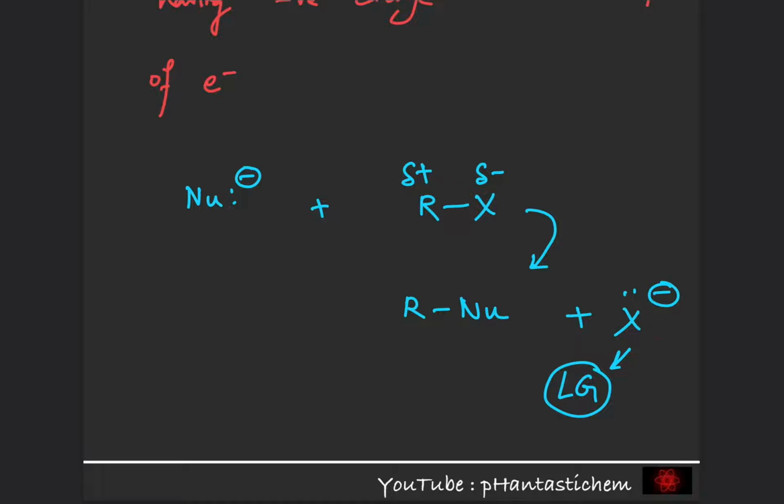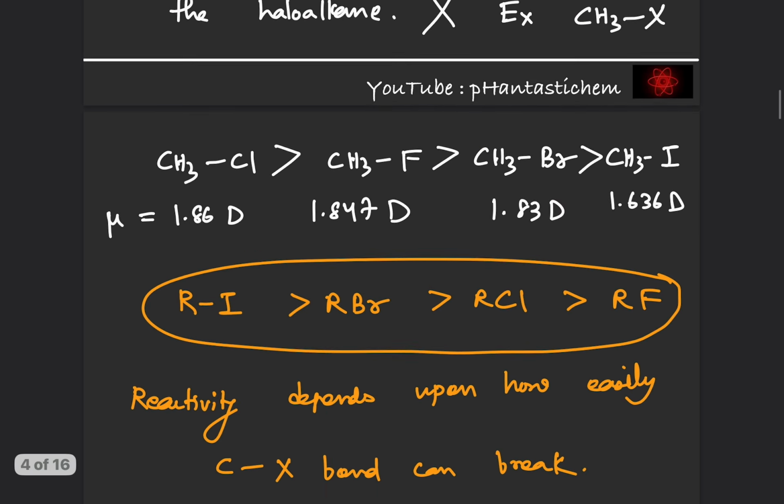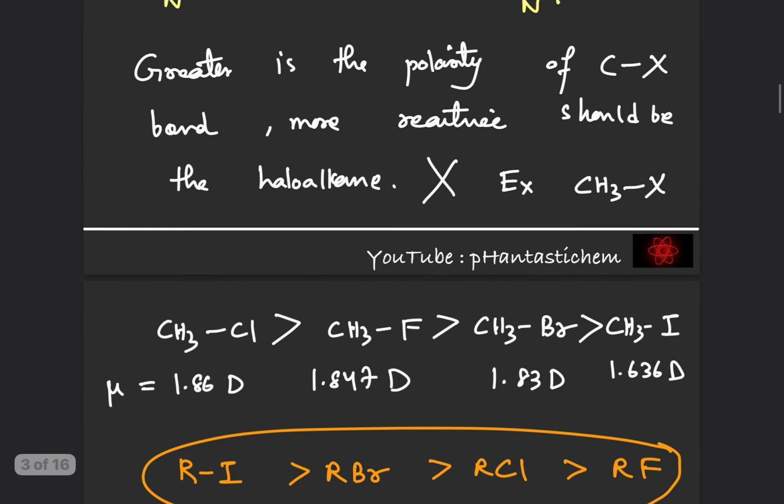When we compare in terms of polarity, polarity just tells us how electronegative this atom is, and how much time the electron is spending near it. That doesn't tell us about the strength of this bond. That's why it's better to compare their bond dissociation enthalpy instead of their polarity. So this logic doesn't work because we are looking at polarity.